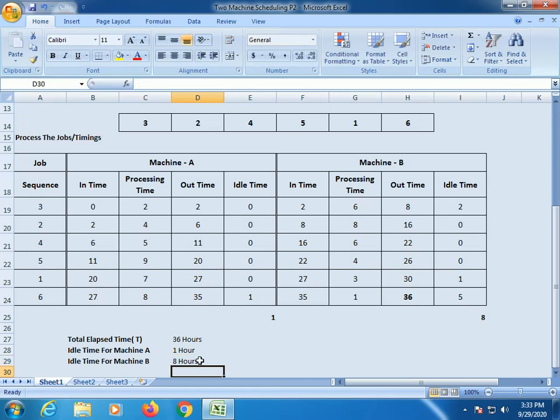So these are the idle times for machine A and machine B, and the total elapsed time is 36 hours. So this is the total elapsed time, machine A idle time and machine B idle time.